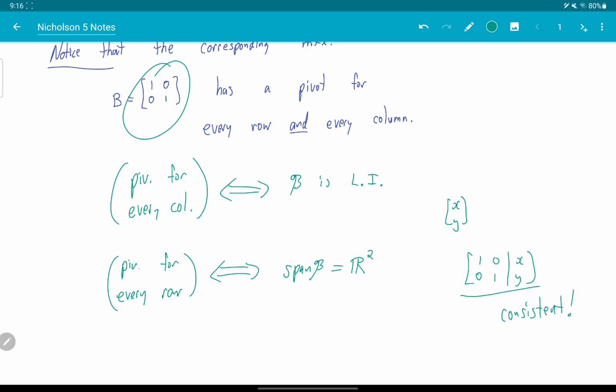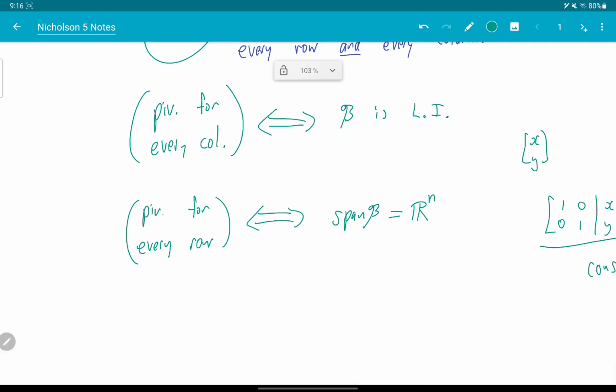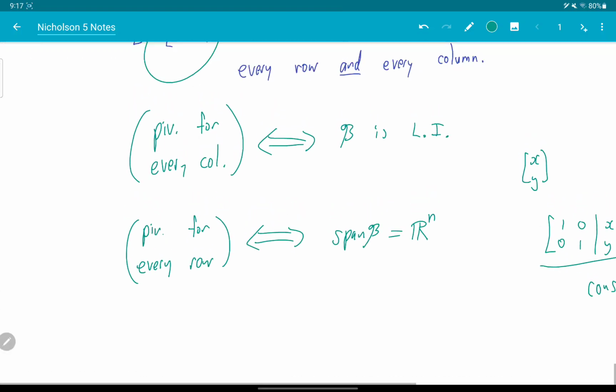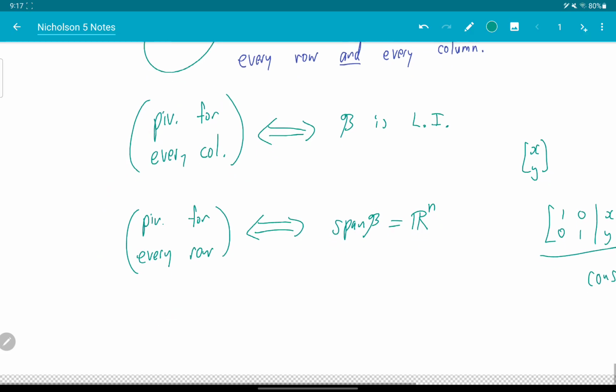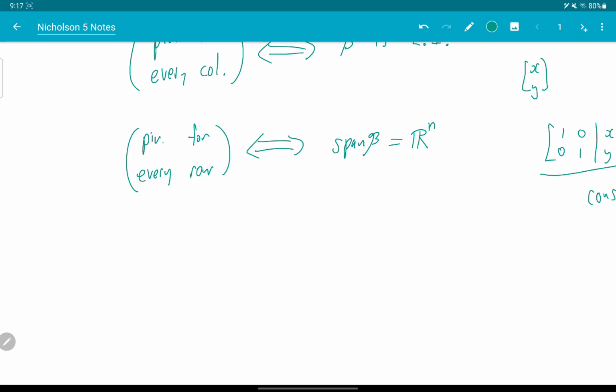So this is true actually in general. So this 2 here can in fact be replaced with an n. So this notion of having a pivot for every row and every column is in general going to give me a basis of Rn. So let's put this another way.